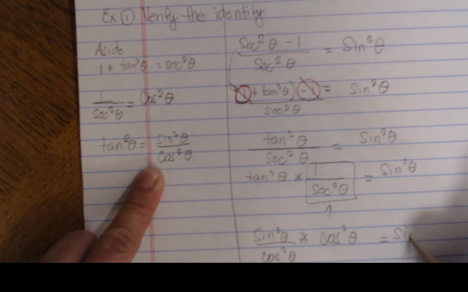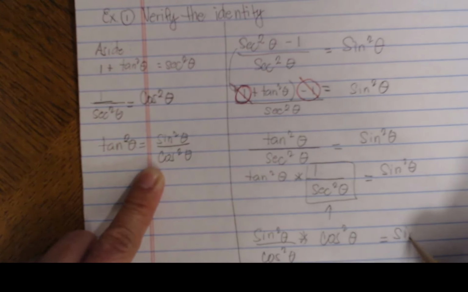Now, I'm going to multiply the fraction. I know that that cancels out. Sine squared theta over 1 is also the same as sine squared theta.